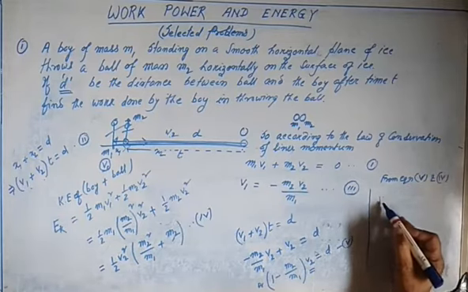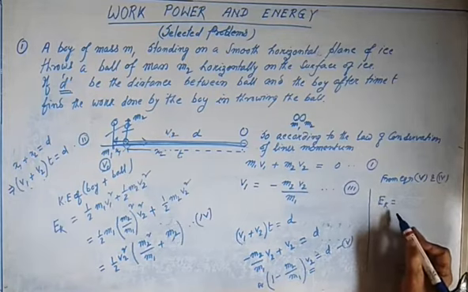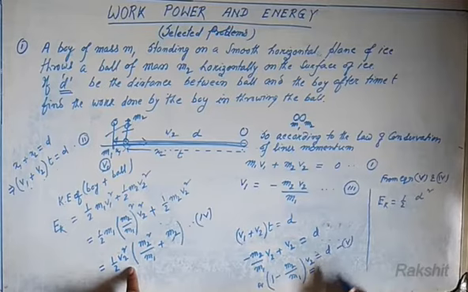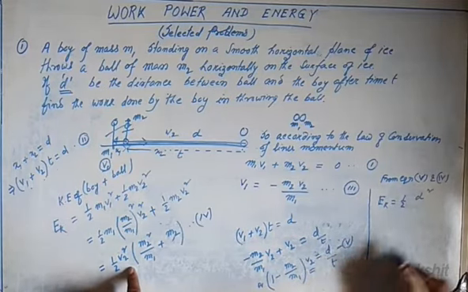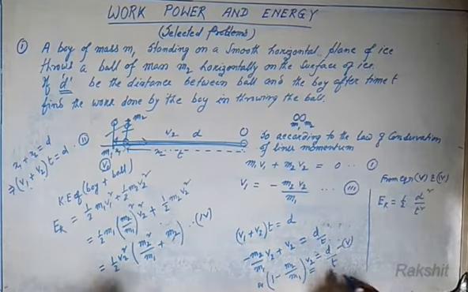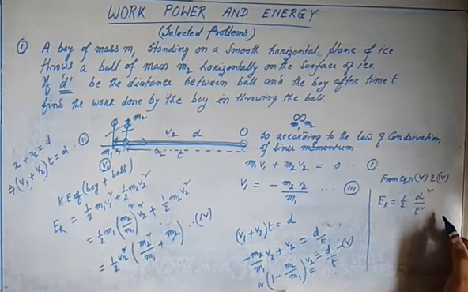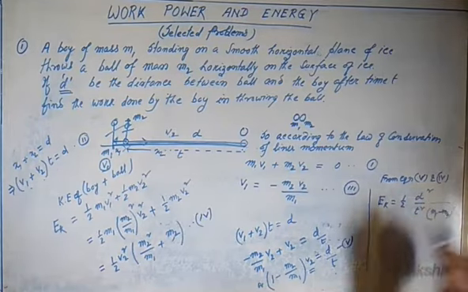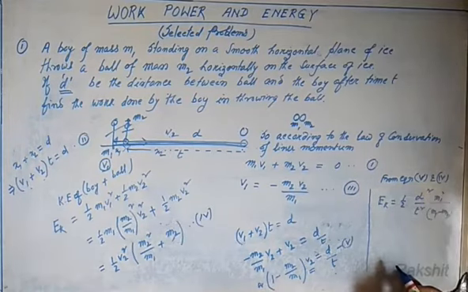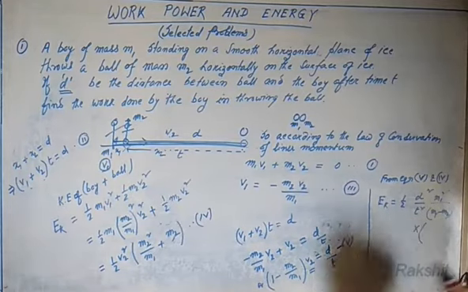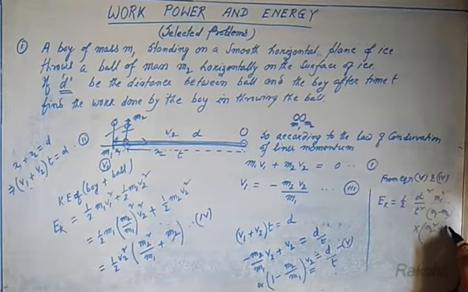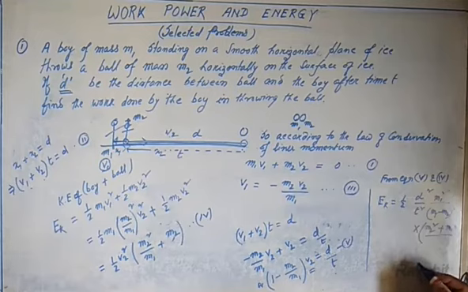We get Ek is equal to half, v2 square means d square by t square, whole divided by (m1 minus m2) whole square, into m1 square into m2 square plus m1 m2, whole divided by m1.